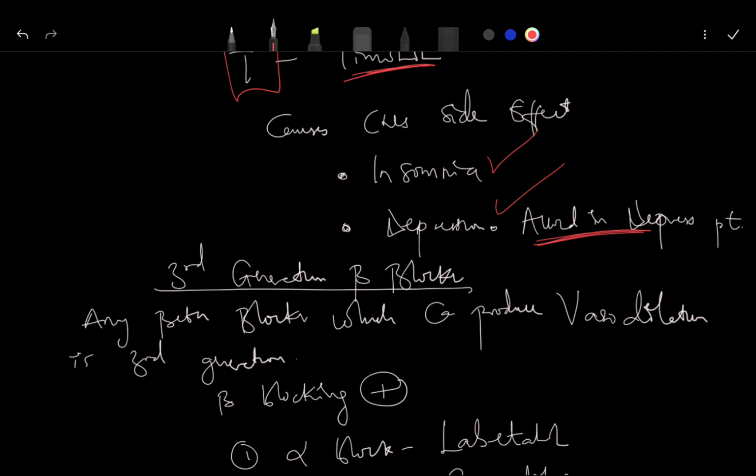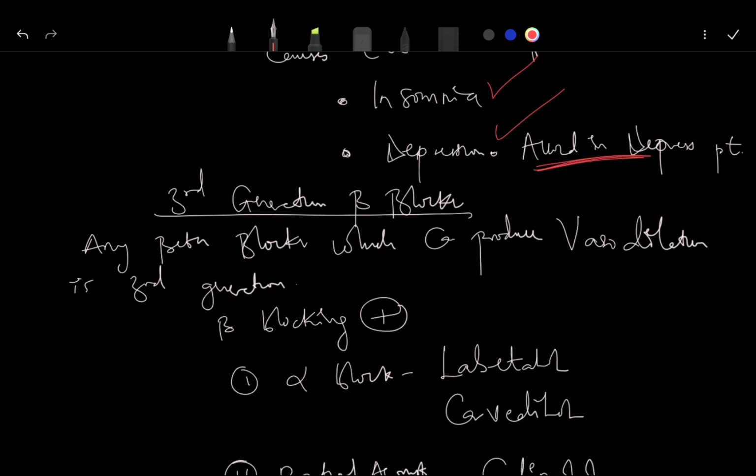Then, to conclude, there's what we call the third generation beta blocker. Remember that the first generation beta blockers are your non-selective beta blockers, while the second generation are the cardioselective beta blockers. The third generation beta blockers, in addition to blocking the beta receptor, also produce vasodilation.